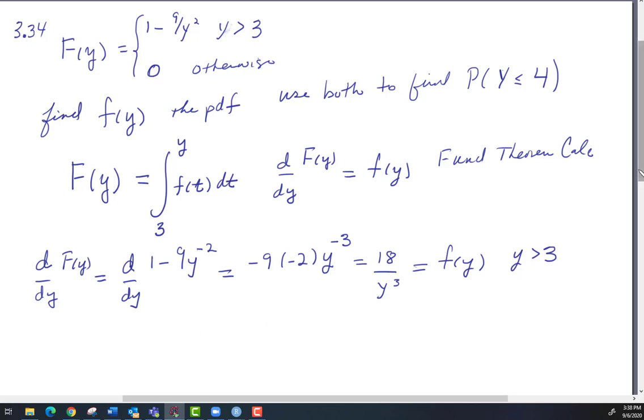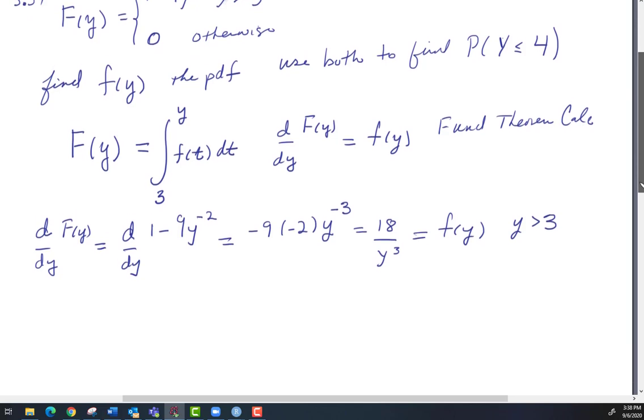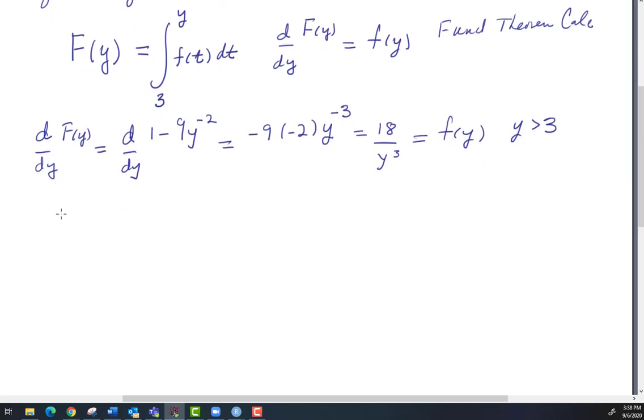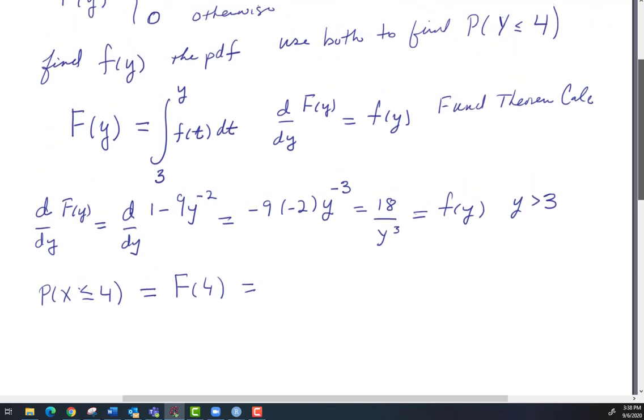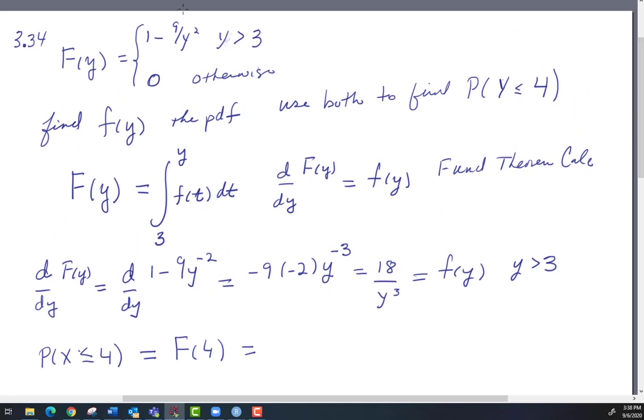All right, so now let's do these computations that we were asked to do. We wanted to find the probability that Y is less than or equal to 4. So one way to do this would be to realize this is the distribution function evaluated at 4. So the distribution function, I'm sure you remember it, but here it is.